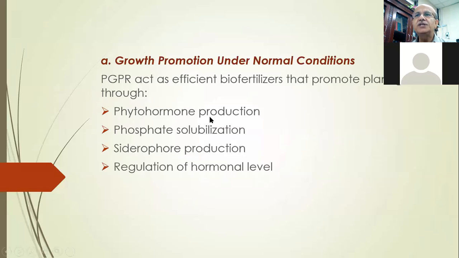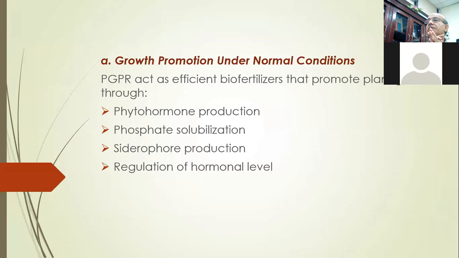It can produce phytohormones, it can solubilize some nutrients which are already present, it can regulate the hormone level, and it can produce siderophores. So these are the additional benefits over the chemical fertilizers, right? That's why generally we say that it is always better to supplement your chemical fertilizers with biofertilizers so that you can have these additional benefits.